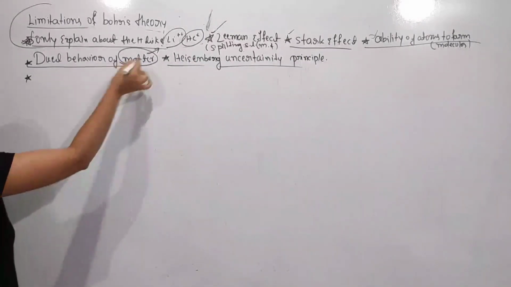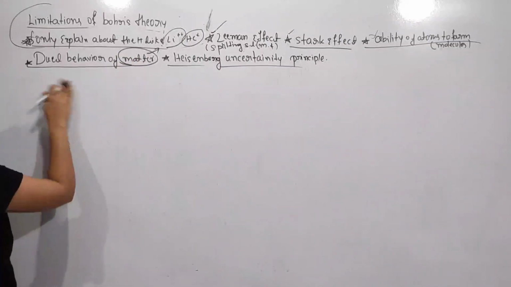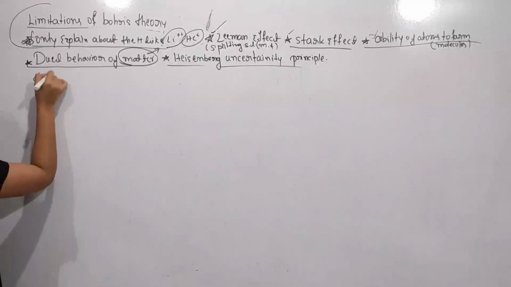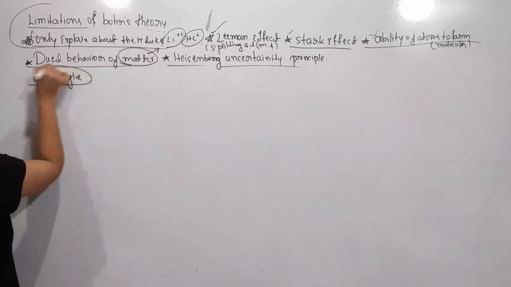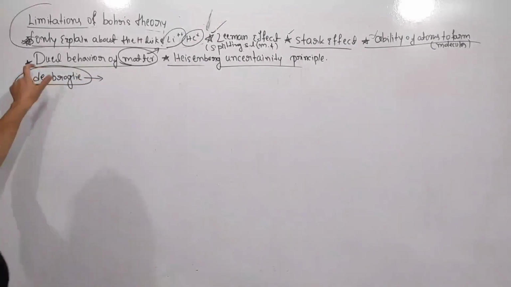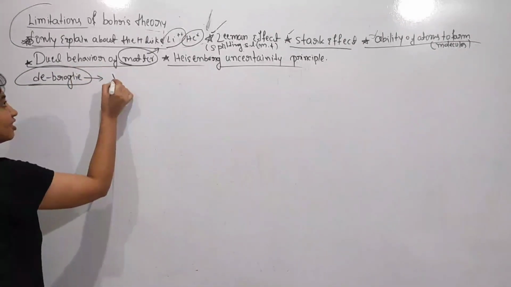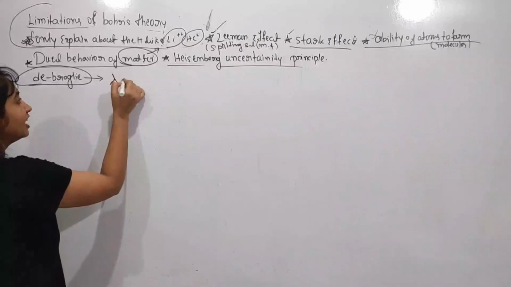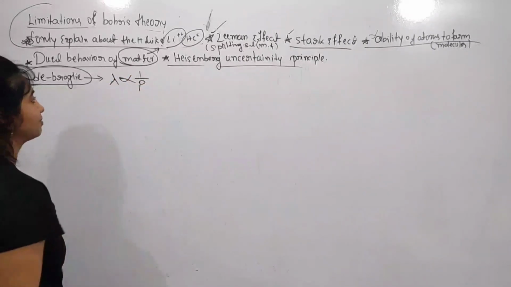To prove the dual behavior of matter, one scientist came. His name was de Broglie. He gave us a very beautiful equation regarding the dual behavior of matter. He connected the wave nature of matter, the wavelength, and the particle nature of matter, the momentum.